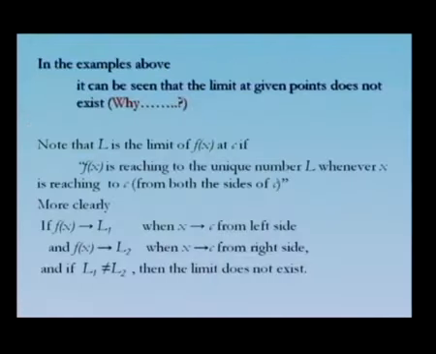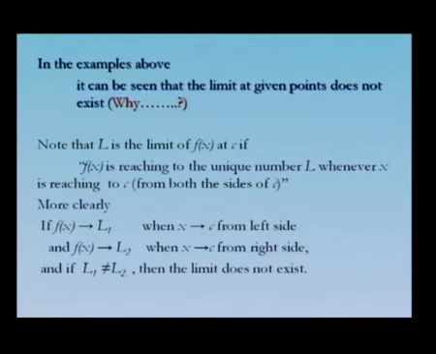So in the examples above, it can be seen that the limit at given points does not exist, as we have explained, because the functions have jumps at the given points. Now note that L is the limit of f(x) at c if f(x) is reaching the unique number L whenever x is reaching c from both the sides of c.